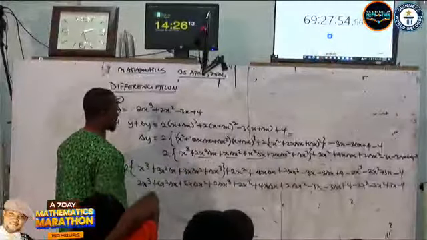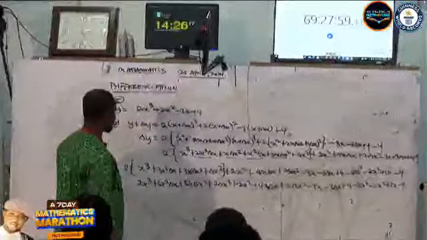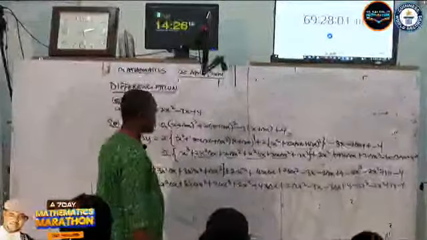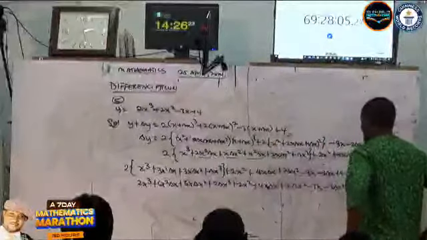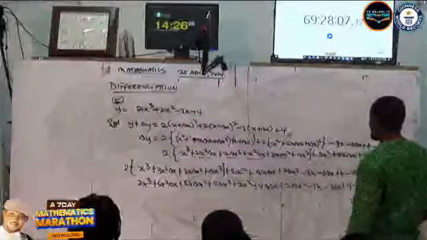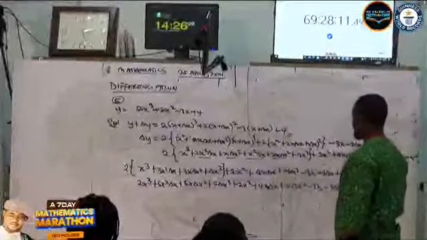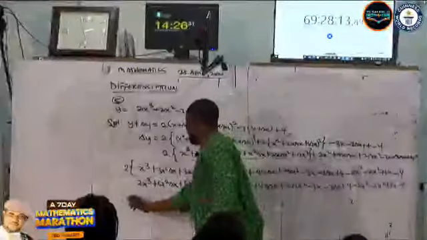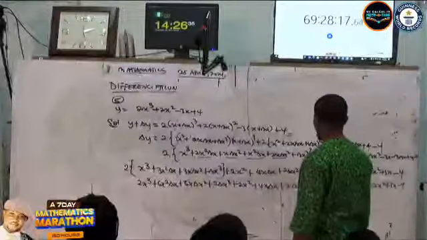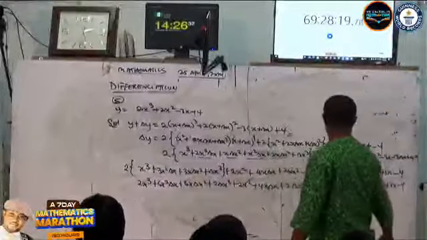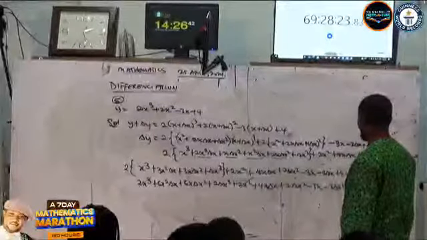I've substituted y on the other side. So 2x cubed is gone with 2x cubed. 2x squared is gone with 2x squared.